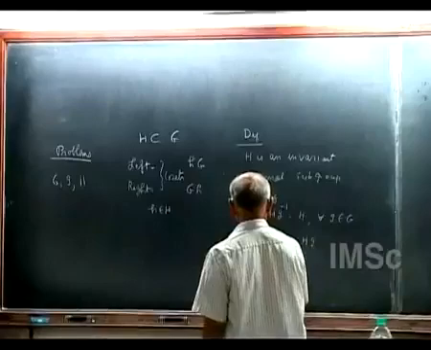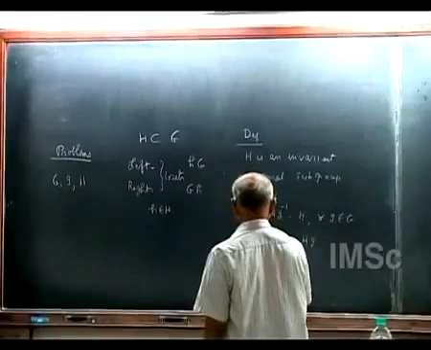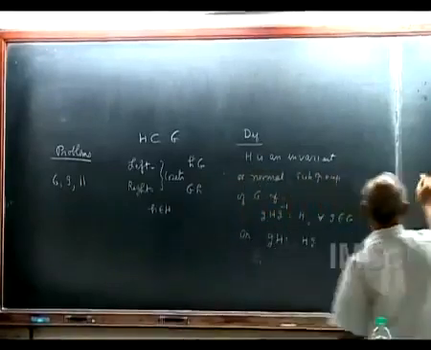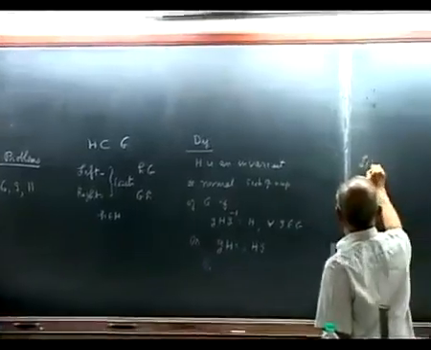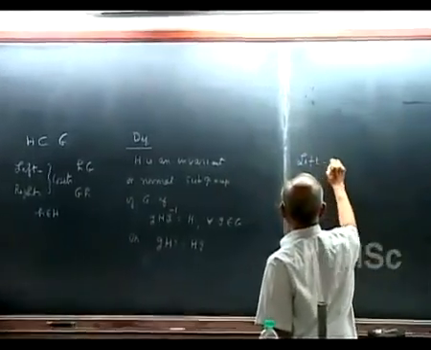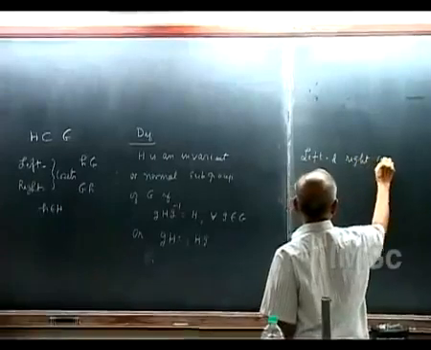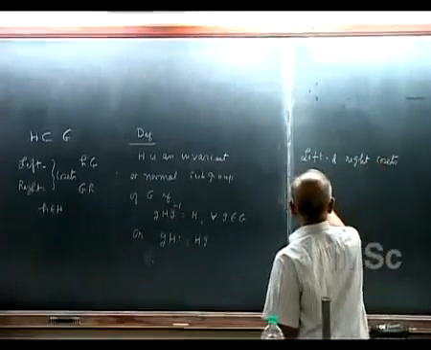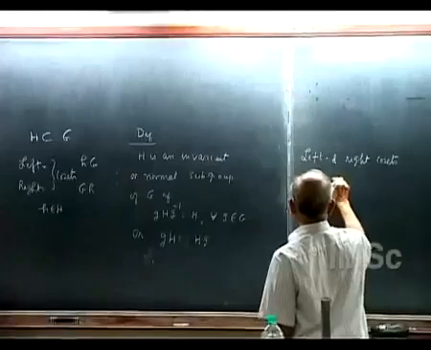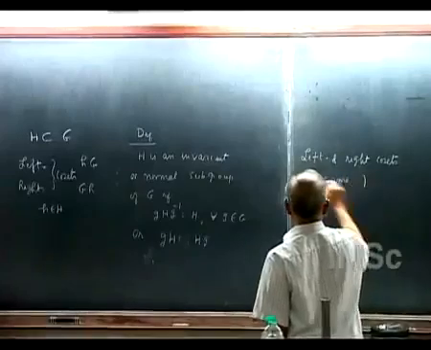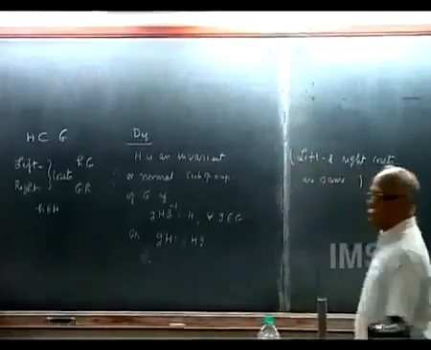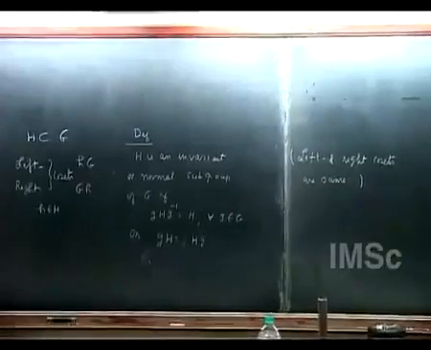So, left and right cosets same. So, this means left and right cosets are the same.